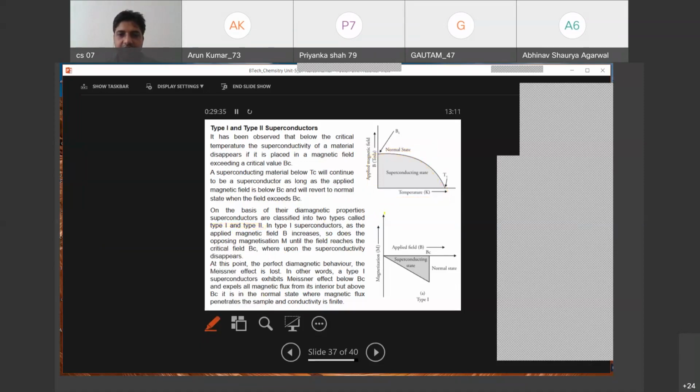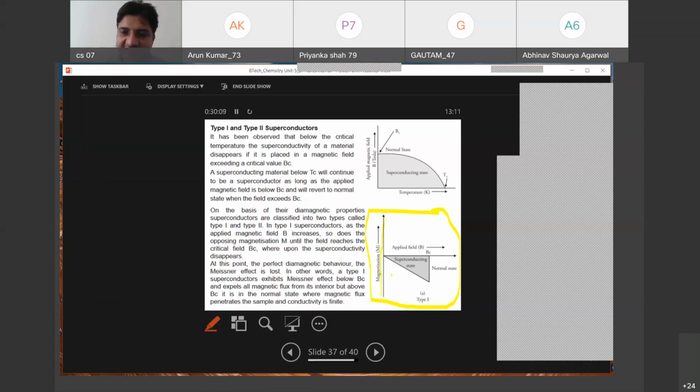What does diamagnetic mean? It is magnet repelling, it is repelled by the magnet. If you see the graph here, I am highlighting it, this graph belongs to type 1 superconductors.